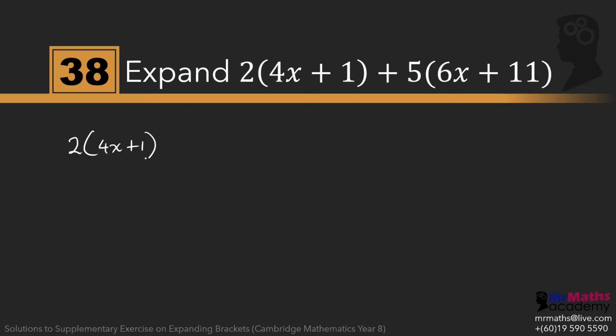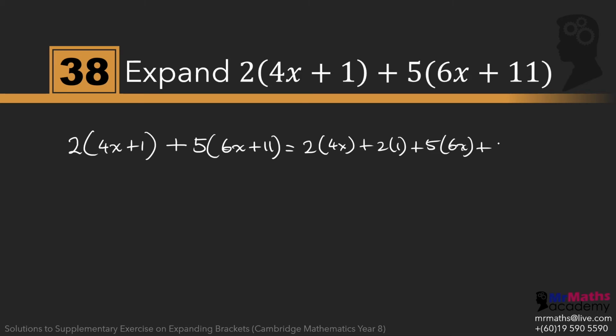2 times 4x plus 1. That is the first expansion. Plus 5 times 6x plus 11. The first expansion is 2 times 4x plus 2 times 1, plus 5 times 6x plus 5 times 11. So 2 times 4x becomes 8x plus 2, 2 times 1.